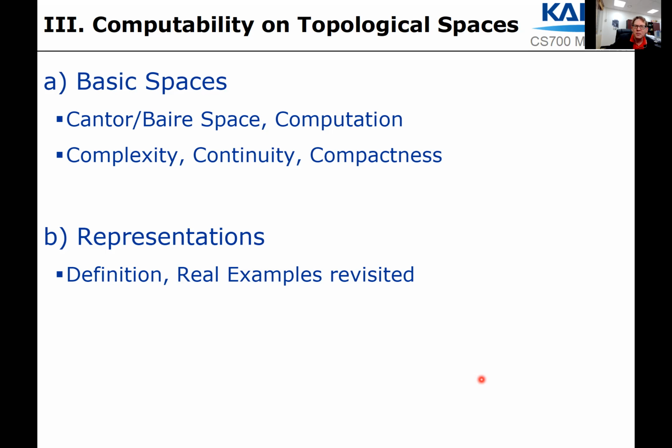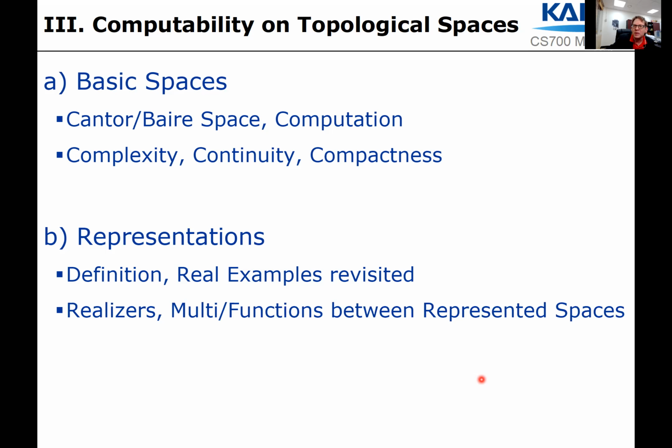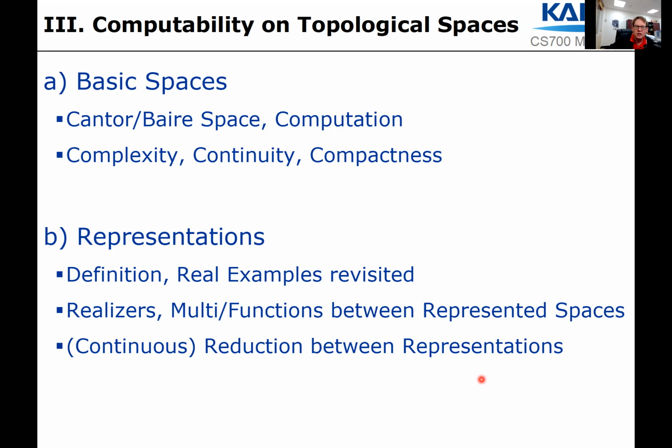So we define what a representation is, and we would consider several representations of the real numbers that would recover our previous ad hoc notions of computability over the reals. And we discussed what a realizer of a function or multifunction between two topological spaces is, when equipped with such representations, such encodings.